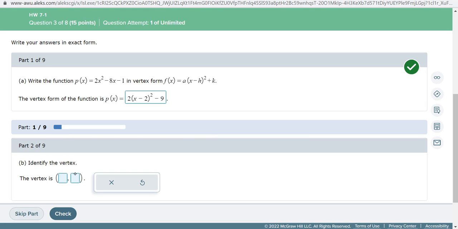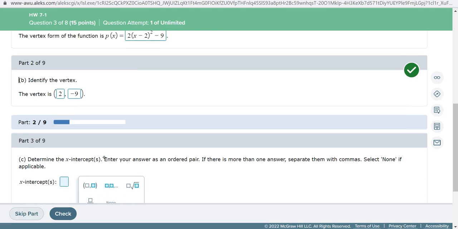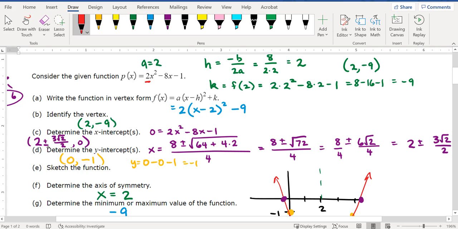Now do the vertex. The vertex is (2, negative 9). Part 3, the x-intercepts. Okay, here they go. My y value was 0. My x value, let's say 2 plus or minus 3 root 2 over 2.